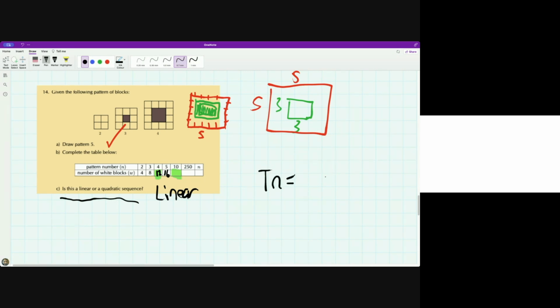What I think we should do is build a formula to describe this number pattern. So I'm going to put here 4n. When I look at this number pattern, what should be the number that I add on the end here?